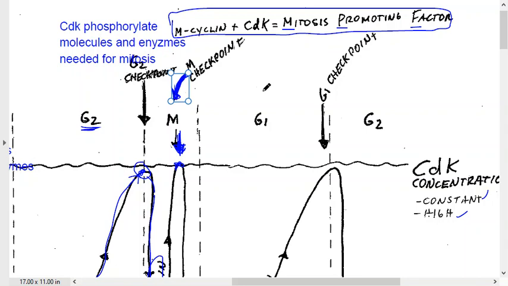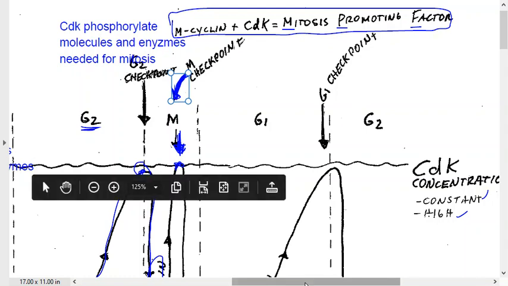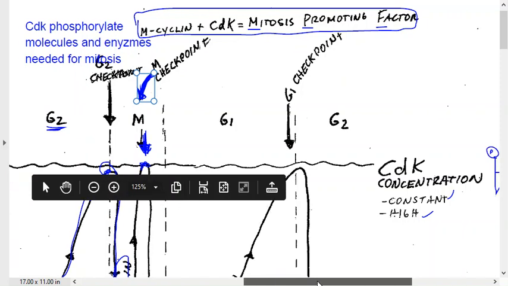And that's because if a cell failed to pass through metaphase, it basically just stopped at metaphase and didn't proceed. So that's why there's a spike in the number of cells that you see in metaphase. It's because they never made it past the M checkpoint, right? They didn't have enough mitosis promoting factor to progress. So fun fact, that's why you saw that.